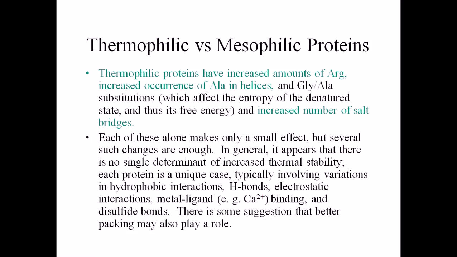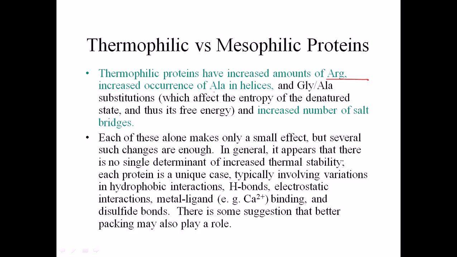Okay, and the presence of different types of amino acids is also important, because in thermophilic proteins we have seen an increased amount of arginine and a decreased occurrence of alanine in their helices.